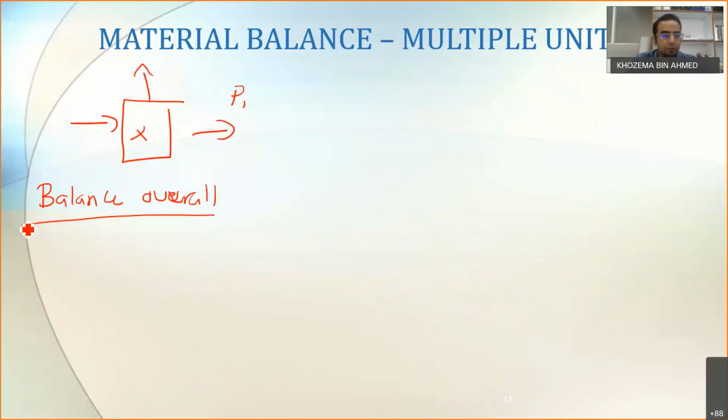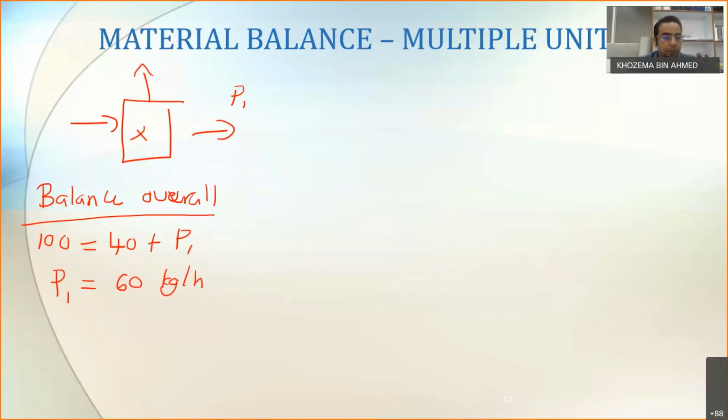For unit X, 100 is coming in here. So 100 is equal to 40 leaving plus P1. So automatically I can get P1 is equal to 60 kg per hour.